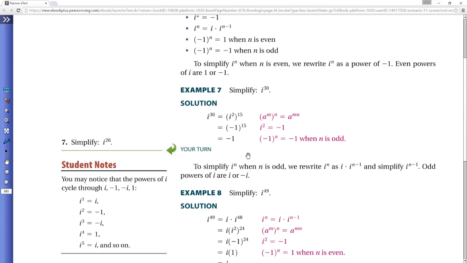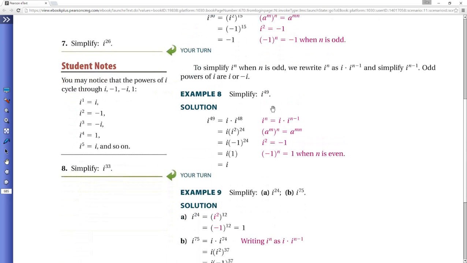The exponent is how many times that base is a factor in this multiplication. In this case, I'd have one -1 not paired. So I have 1 times -1, and I end up with -1. Or the easy way to say it: I have an odd exponent, so -1 to some odd exponent is -1. Okay?